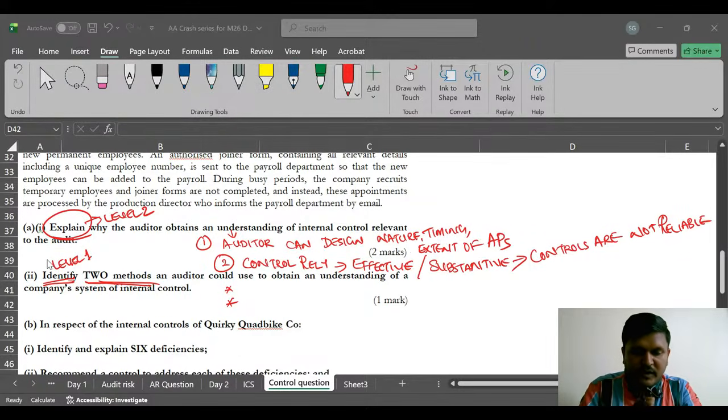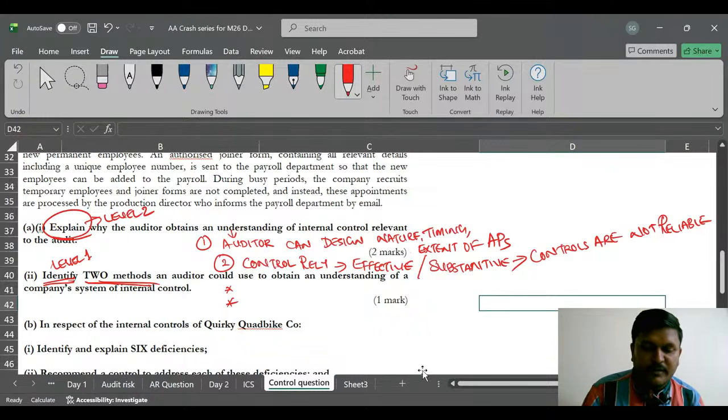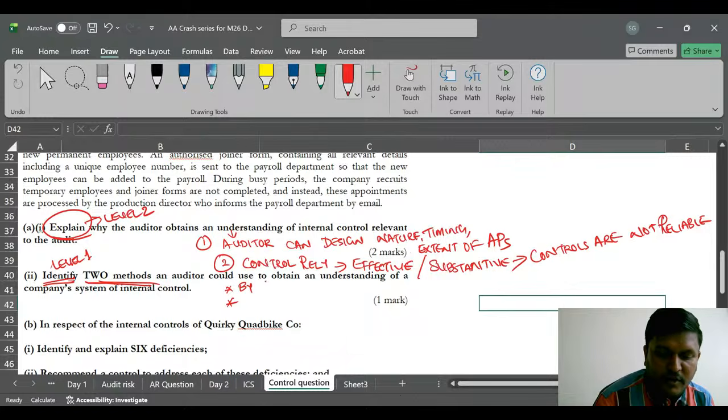So now focusing on the A part, second question: identify the 2 methods an auditor could use to obtain an understanding of the company's system of internal control. Anyone can help me with this? Let's consider from the EY point of view, or an auditor's point of view, in a practical scenario. There is something called a walk-through test.